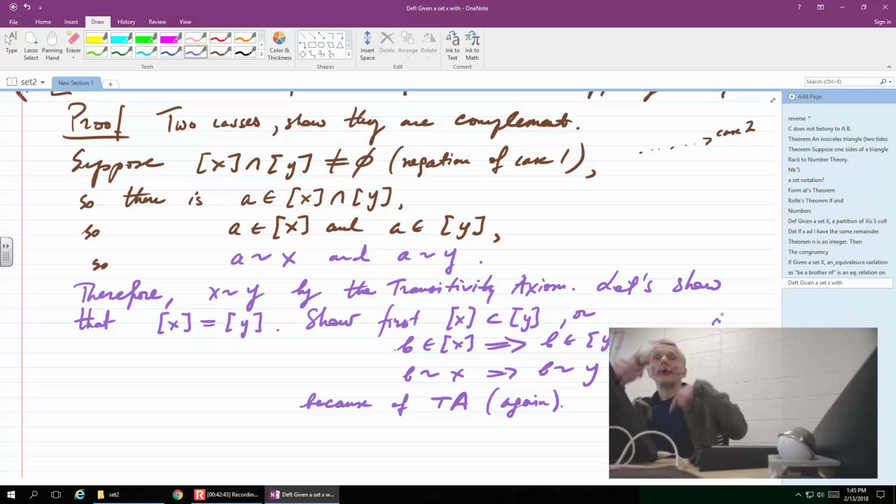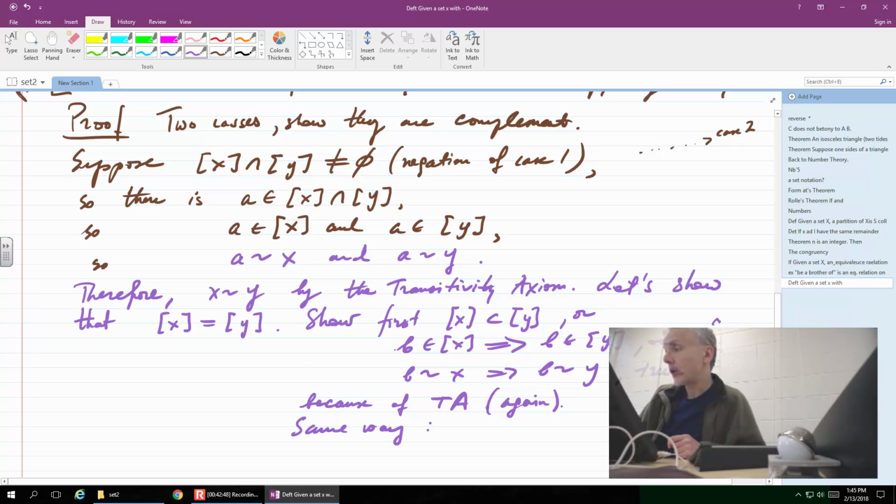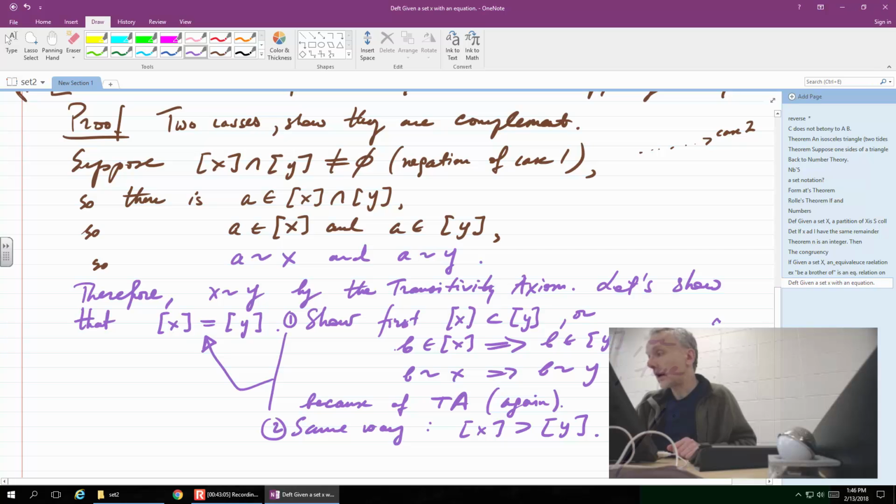Then we reverse the things, and in the same way we show that the equivalence class of x contains the equivalence class of y in the exact same manner, and so the proof is finished, right? These two facts, number one and number two, give me this, and that finishes the proof.